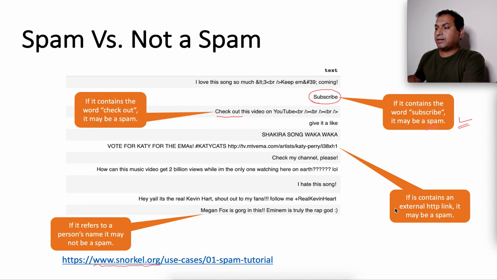Similarly, if it contains an external HTTP link, they want to again divert your attention, so it might be spam. Again, not so accurate, but it's possible that it can be a spam message. And if the feedback contains a person's name, maybe it is not spam.